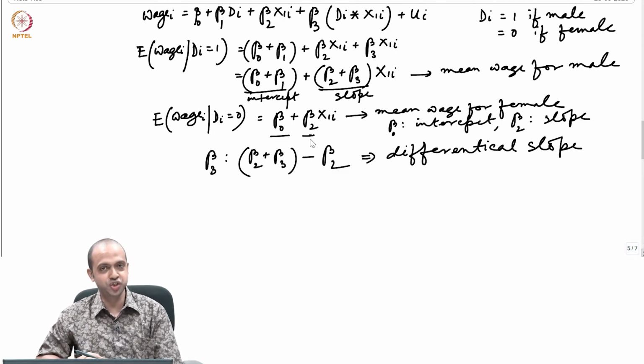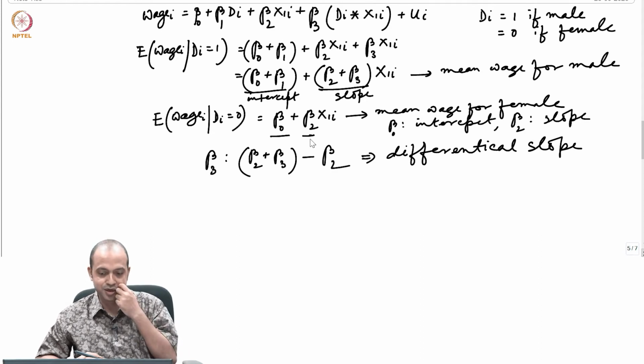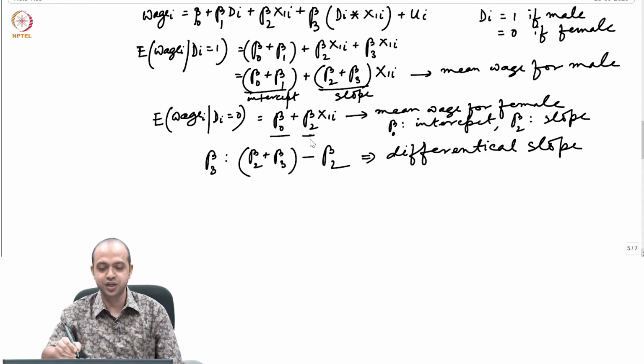That means there is a difference in the way the mean wage responds to education for the male and the female category. That is why beta 3 has now become the differential slope coefficient in this model.